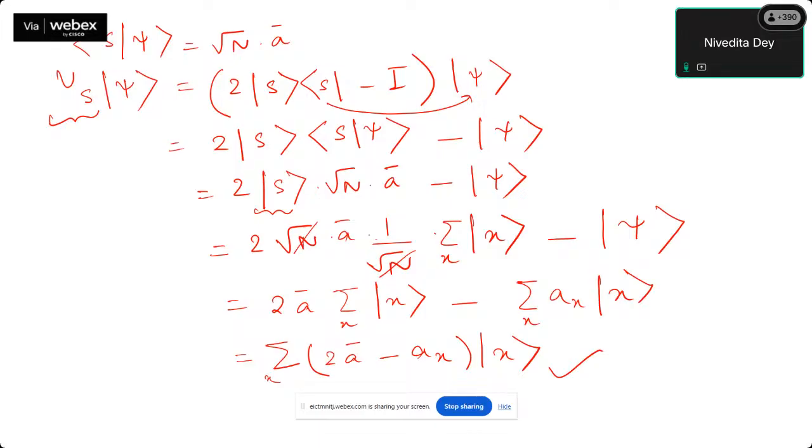Now we will understand what it will do whenever we apply it on some arbitrary state. This is the operator formula: 2A bar minus ax on x.